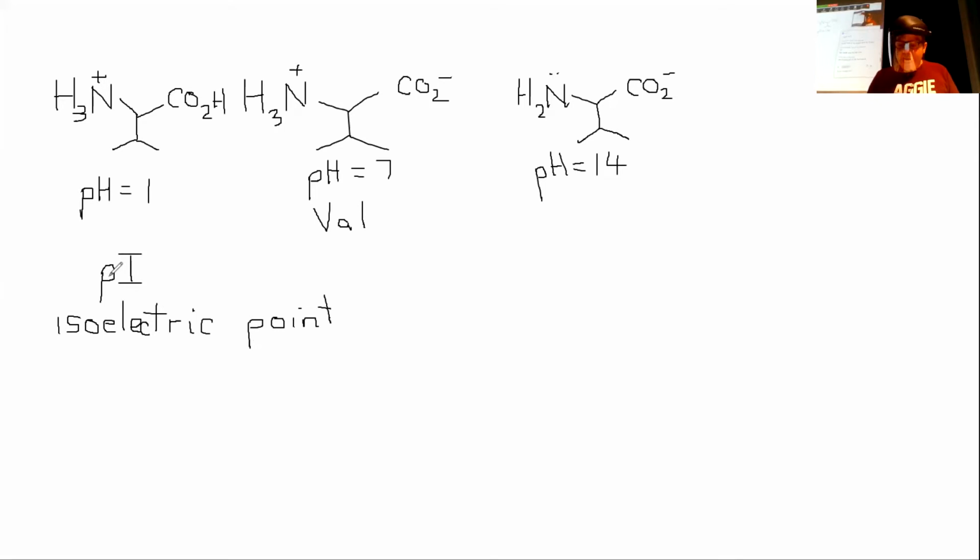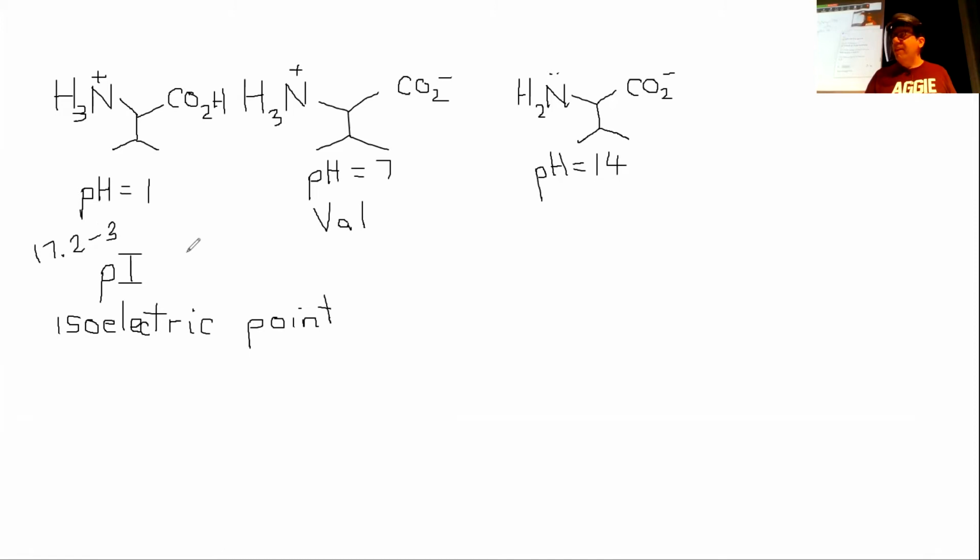It's the pH at which the overall charge on any one molecule is 0. Or you could also look at it as the overall charge on all of the molecules in the sample is 0. So again, that's in the class notes, so that's why I'm not writing it down. What section is that in? Either 17.2 or 17.3, but I wrote it down in the class notes. So I've given you the definition in the class notes.